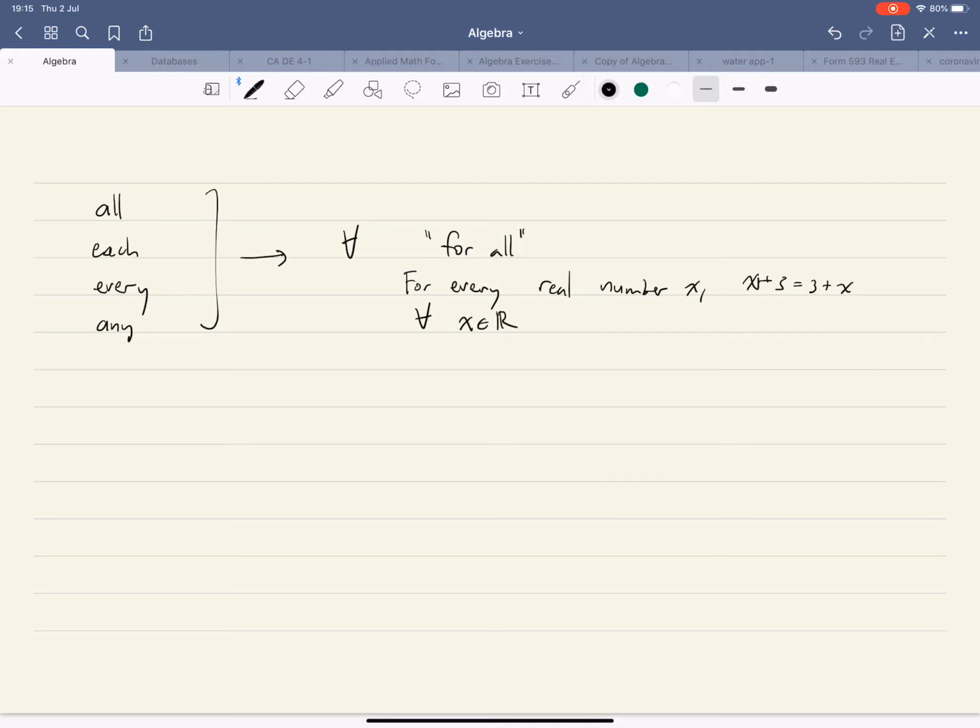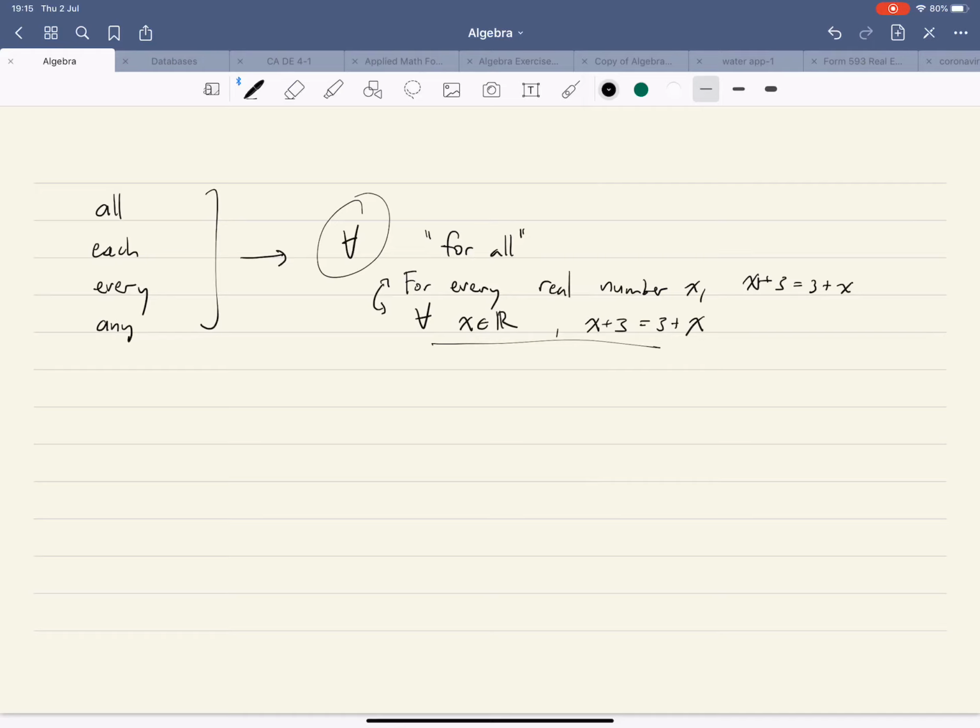For all real x, x plus 3 equals 3 plus x, right? These two statements are equivalent. This second one just happens to be a lot faster and shorter to write. You don't have to use this symbol. I'm just putting it out there as a, hey, here's something that can make your life a little easier.